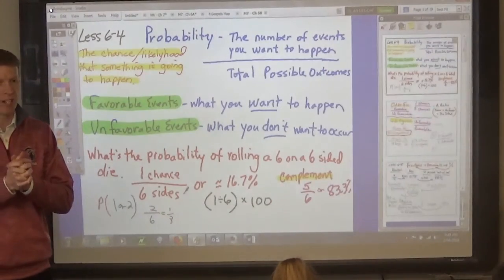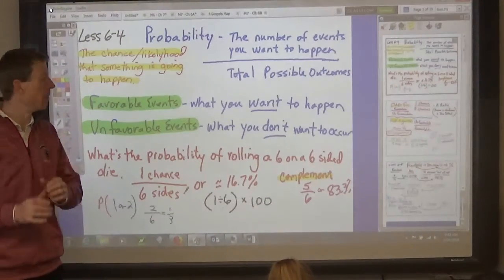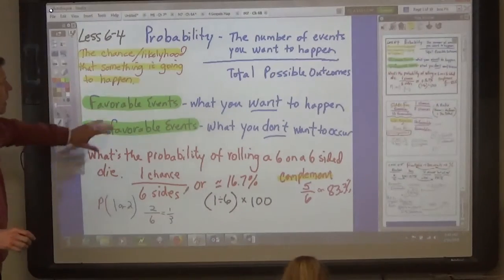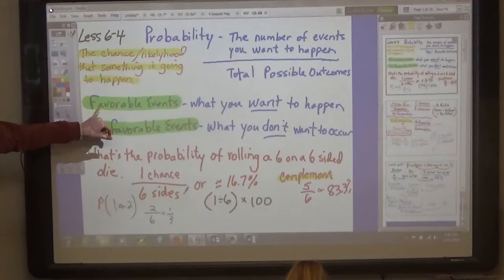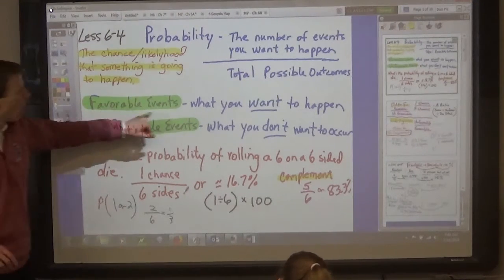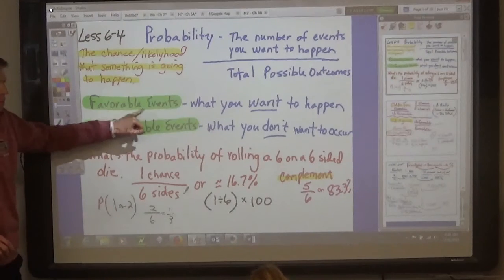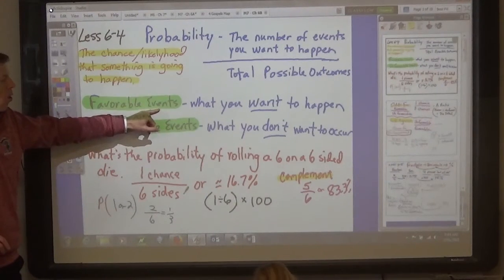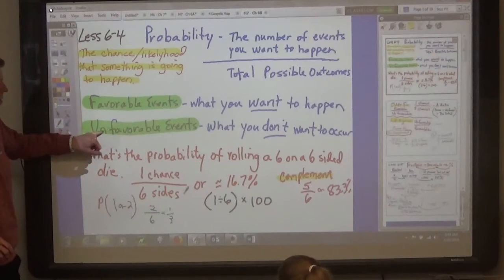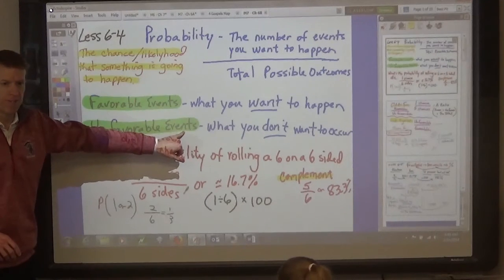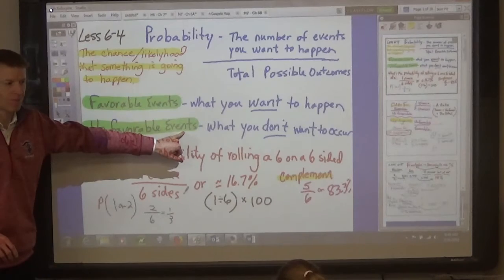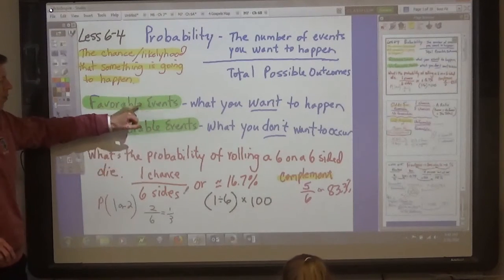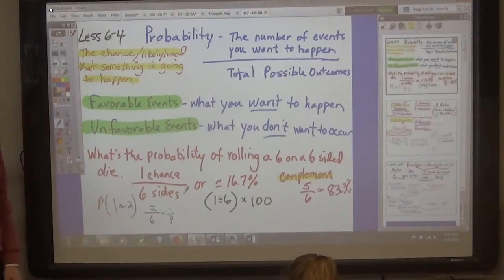Yes. Okay. Now here's where it gets a little tricky. Now we can express probability also as a ratio of what you want to happen, what we call the favorable event, over the unfavorable events. In that case, we're writing it as a ratio.